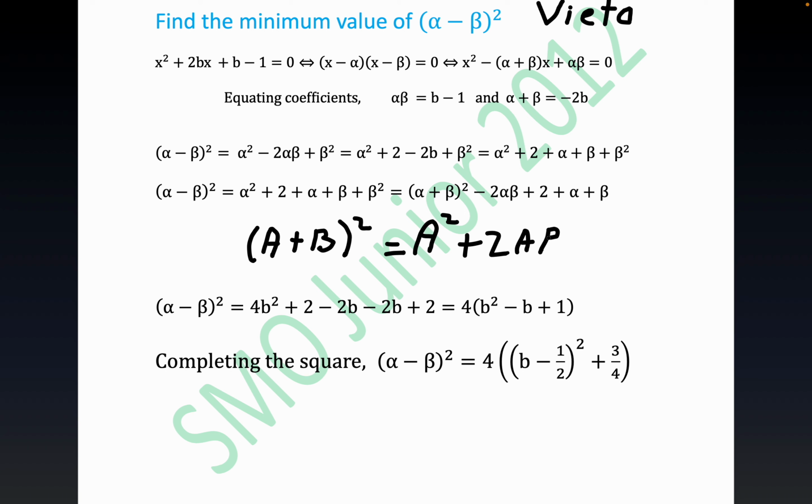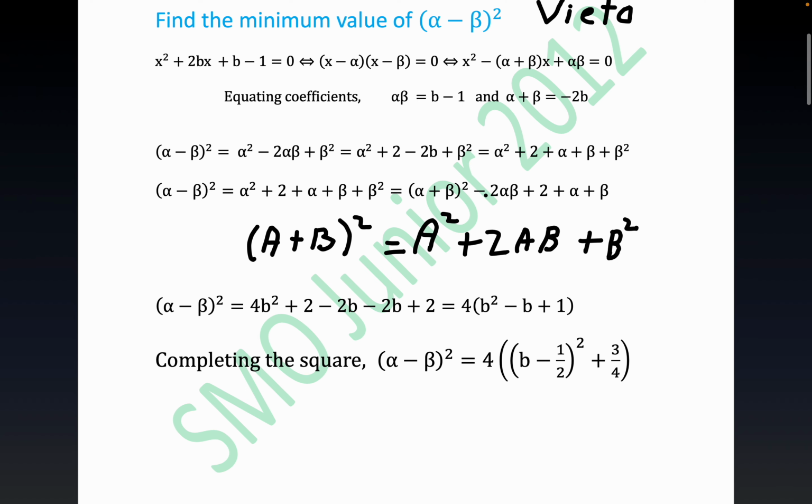I'm just using a and b rather than having to write betas and alphas. And so you can see that it's convenient here to just subtract off the minus 2 alpha beta, which comes from this piece of this algebraic identity. Okay, so that's how this happened.